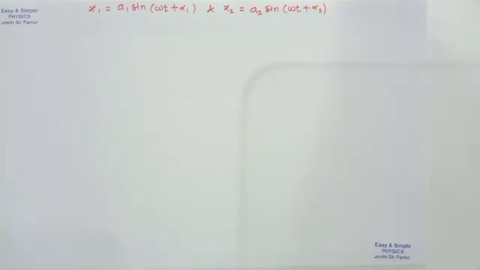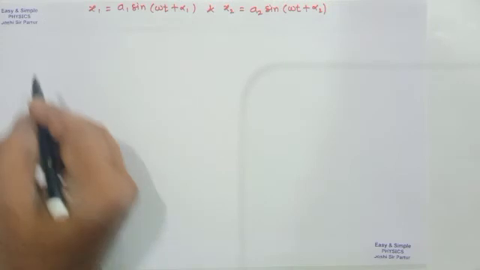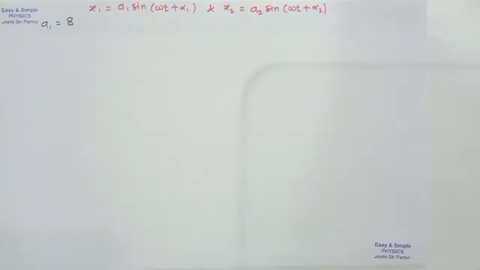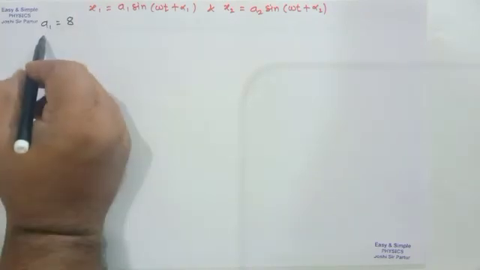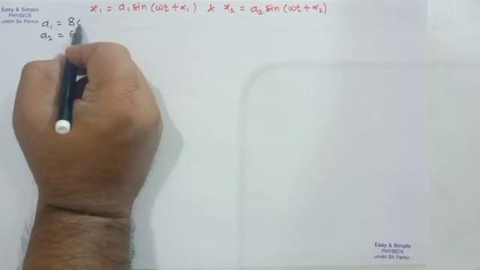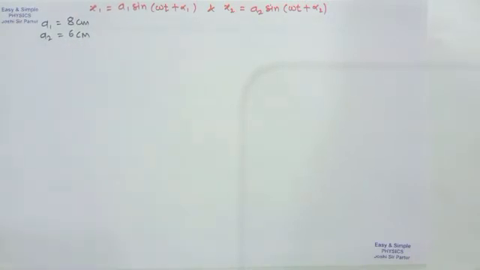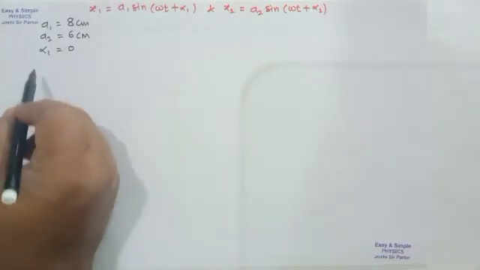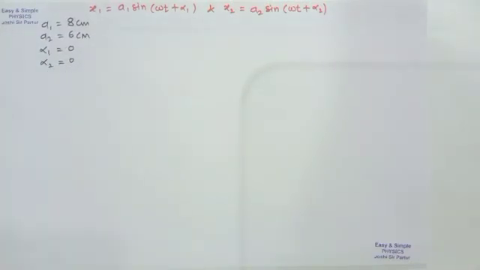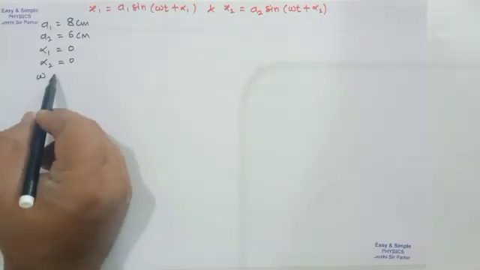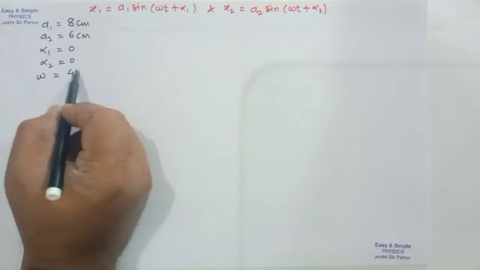We can take a1 as having value 8, a2 as having value 6. They are in CGS system, so 8 centimeter, 6 centimeter. So alpha 1 is 0, alpha 2 is 0, and here omega will be 4 pi.